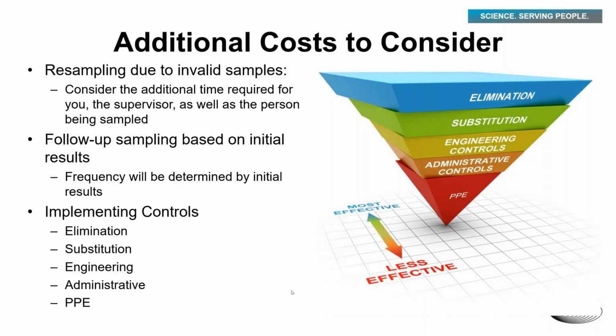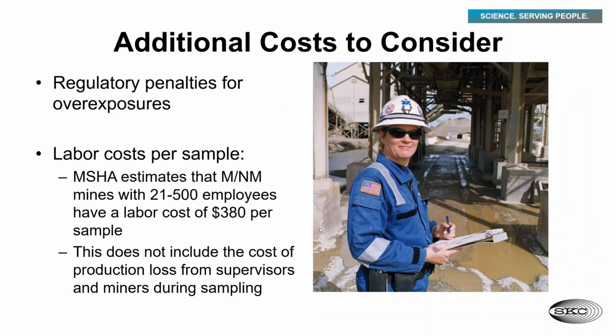If you're trying to follow the MSHA rules, they're very precise in how many samples you have to take based on what your results are, and it can vary between once a year and as many times as you need to figure out what the problem is. Obviously, implementing controls is a big part of what we're trying to do with silica sampling, and it's a cost all of its own. So we have some regulatory issues and some labor costs.